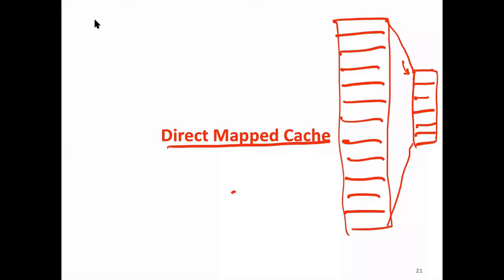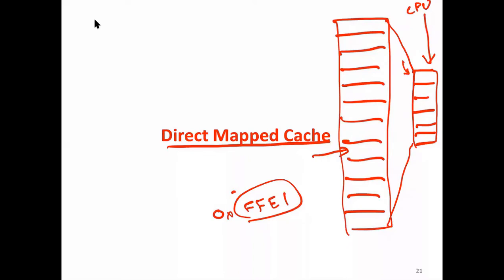Because when the request comes from the CPU, first it will come to the cache, and the cache has to see whether some address, let's assume 0xFFE1, is available or not. Now this address may, for example, be here.